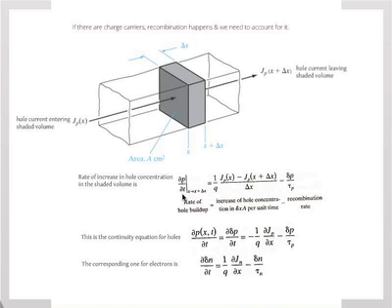The idea here, of course, is to look at how the concentration gradient is changing. You also need to consider recombination, because there's the chance that the holes will recombine with electrons within that volume, and that's given by this last term here, the so-called recombination rate.